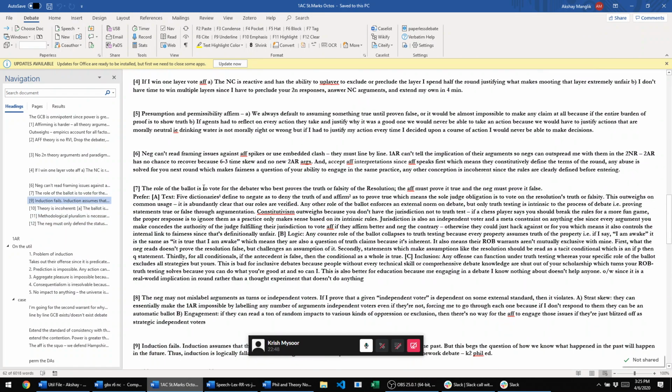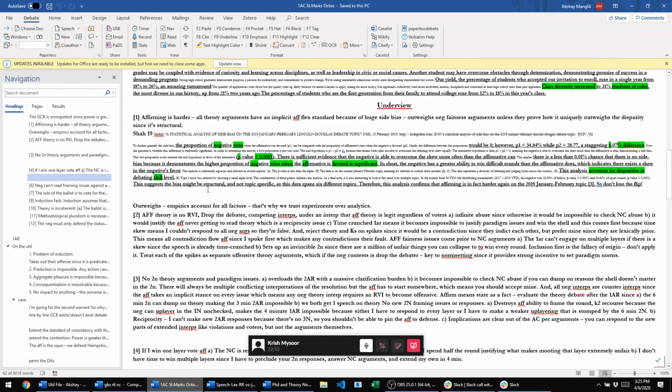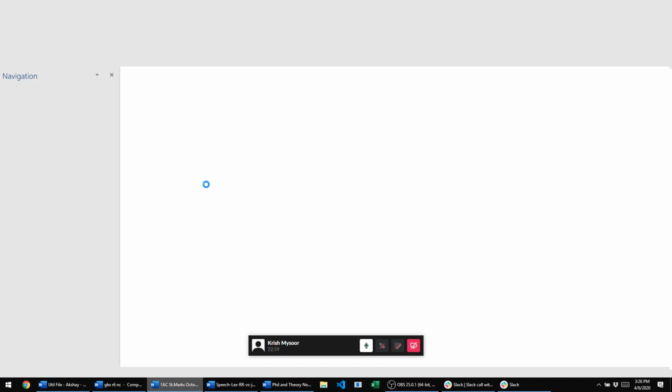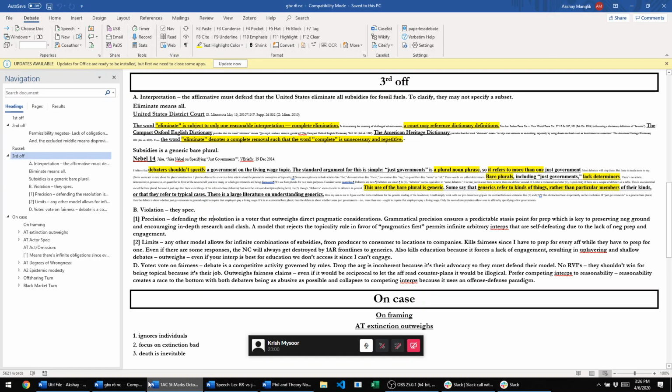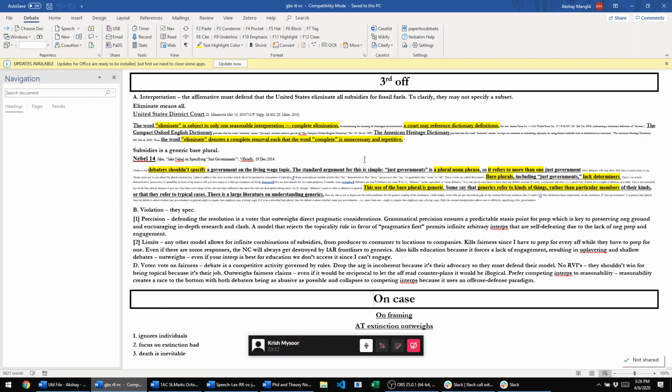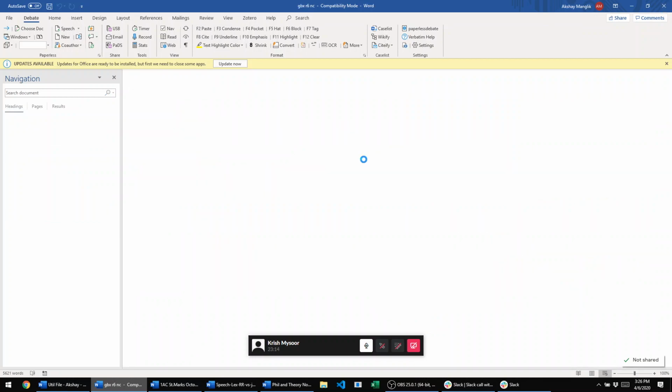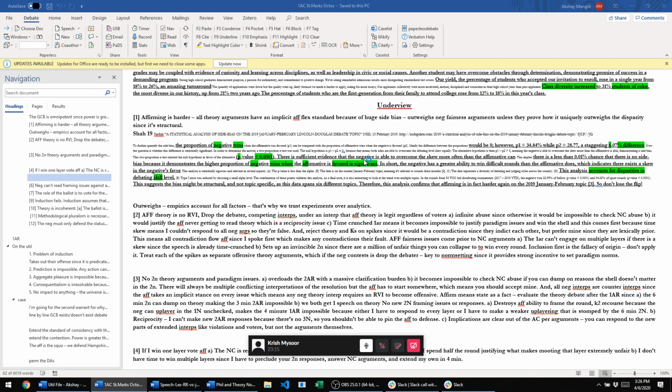And so something good to do in these instances is to have, at the top, reasons for why you get new responses to blips in the 2NR, and the justification for this is that you don't know the implication of the blip until the 1AR, when they actually explain the impact and why it's dropped.